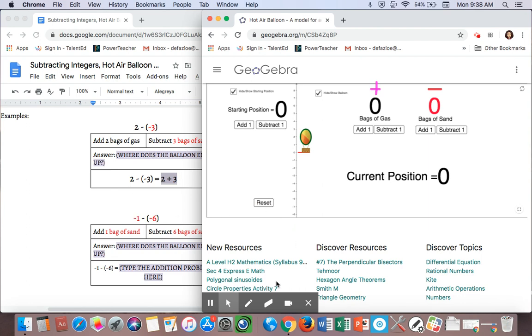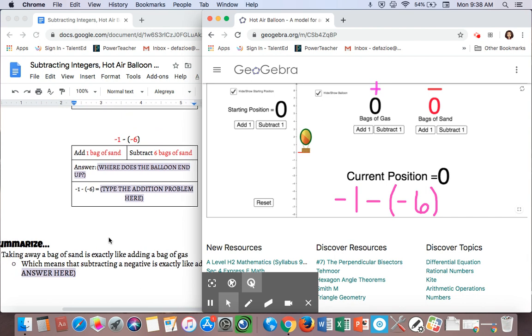Okay, the next problem we're going to do, I'm going to write over to the side here. We have negative 1 minus negative 6. All right. So let's again think of this in terms of bags of gas and bags of sand.